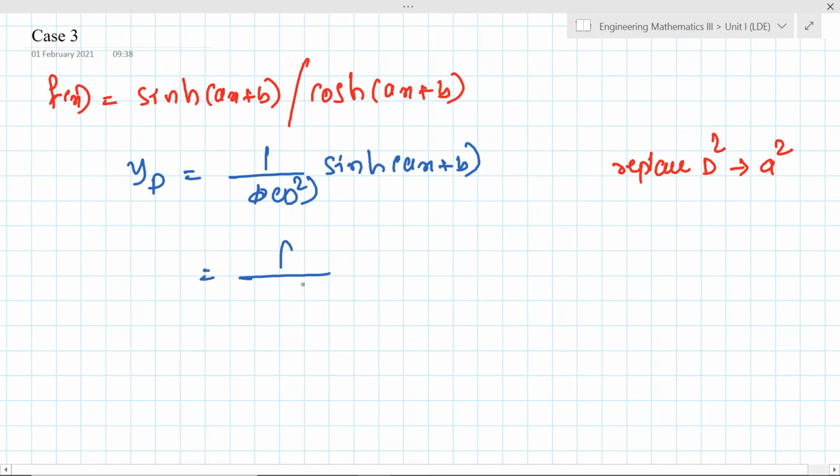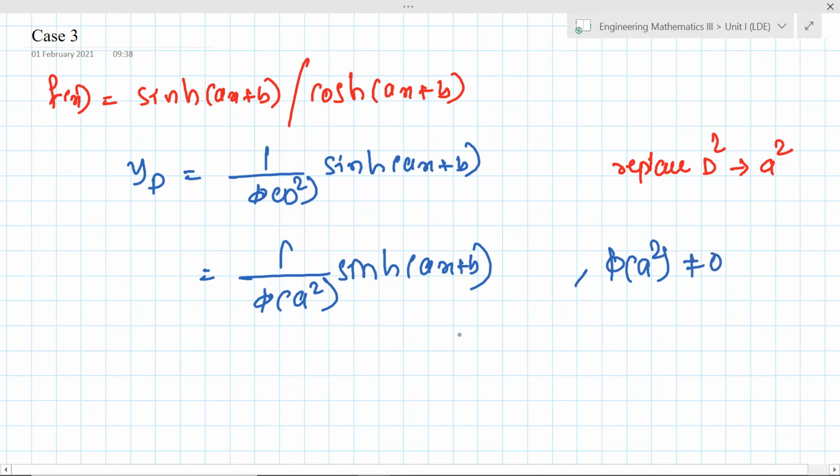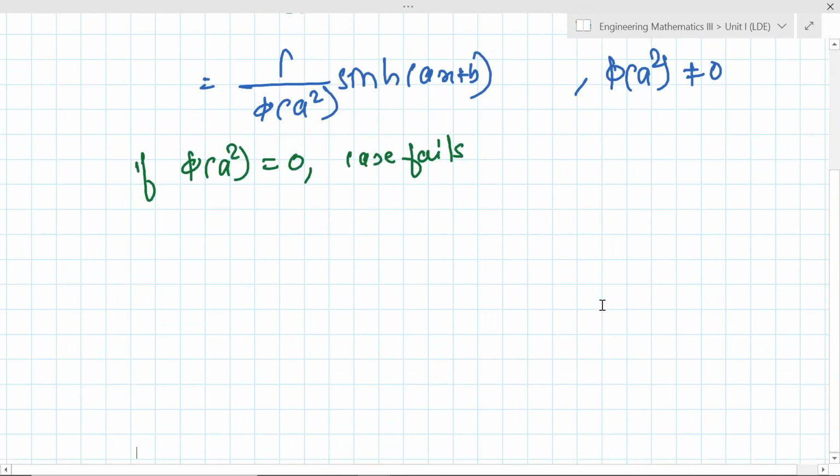So this is 1 upon phi of plus a square into sine hyperbolic (ax plus b), provided that phi of a square is not equal to 0. If phi of a square is equal to 0, case fails. So if case fails, we need to take the derivative and multiply by x.